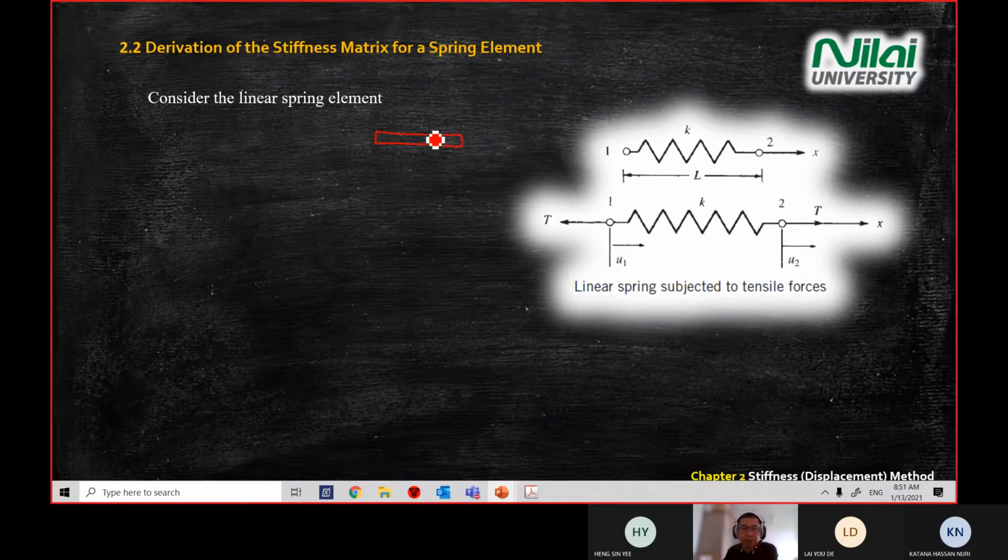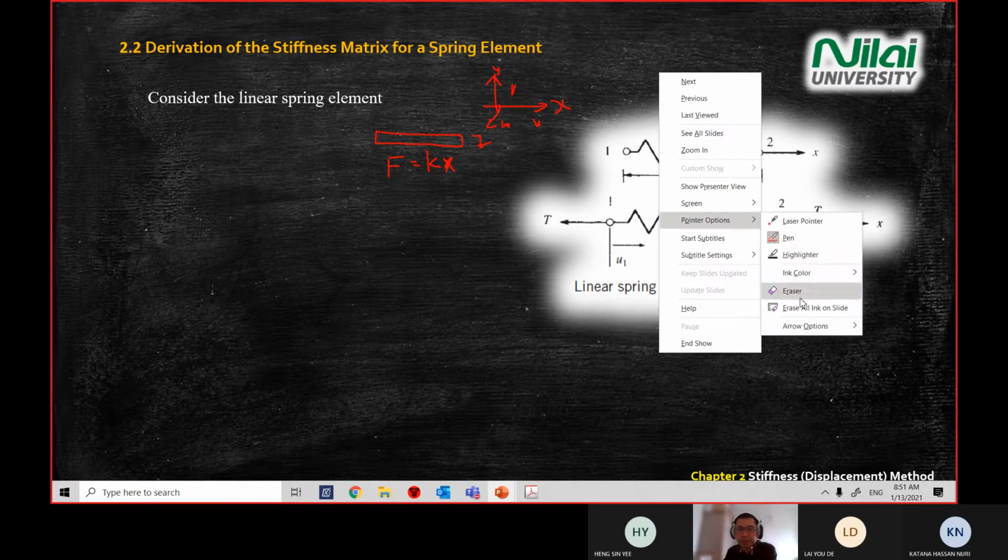So we represent a steel bar or aluminum bar as a free body diagram like that. Again, I repeat, Hooke's law gives you kx. In this module, we represent the displacement according to the axis. So again, x we use u, y we use v, z we use w. I'm going to repeat this many times.